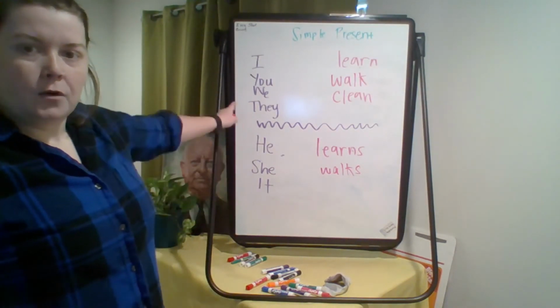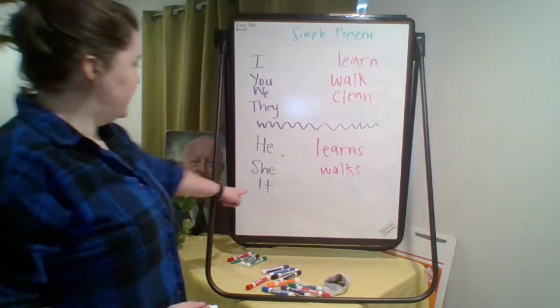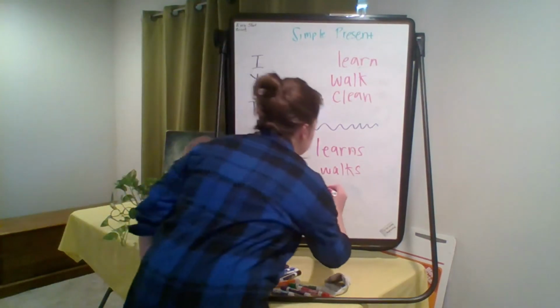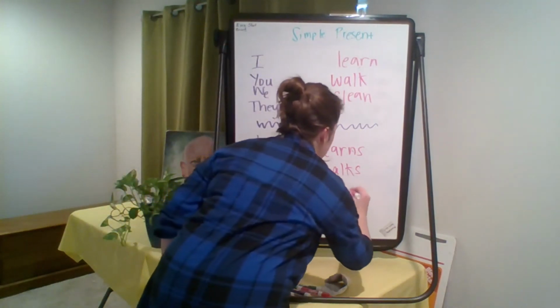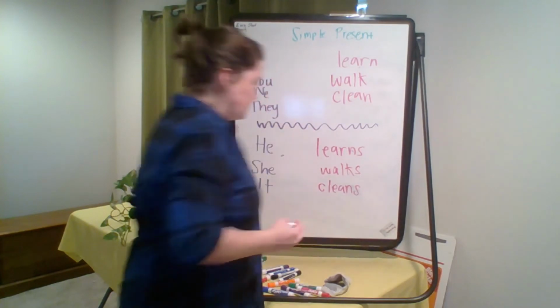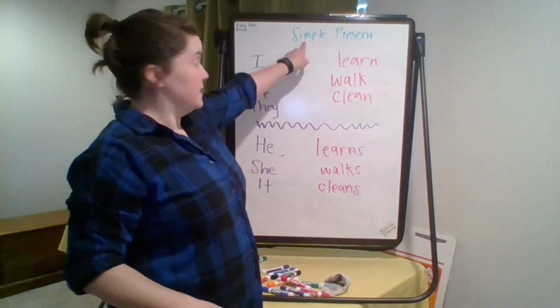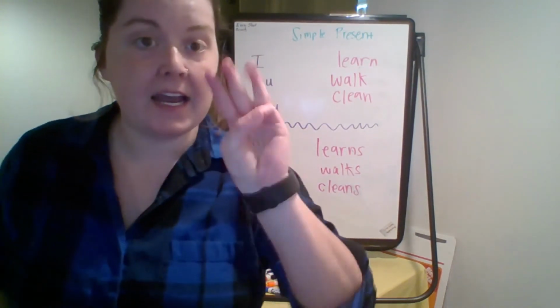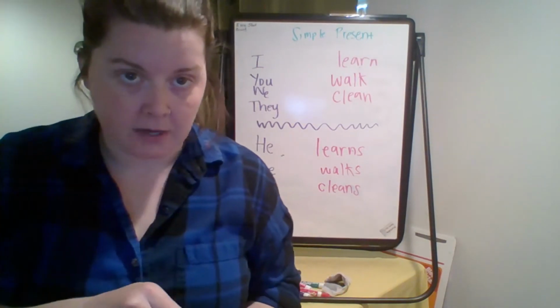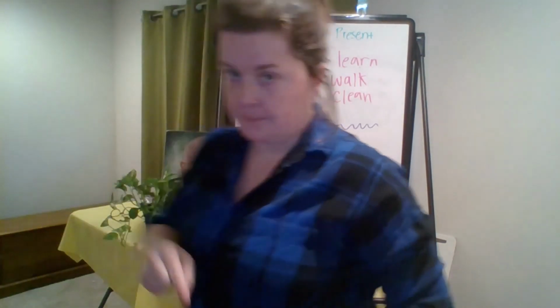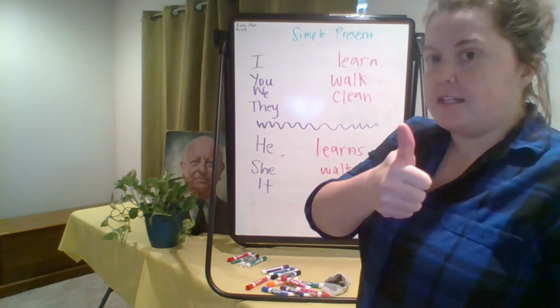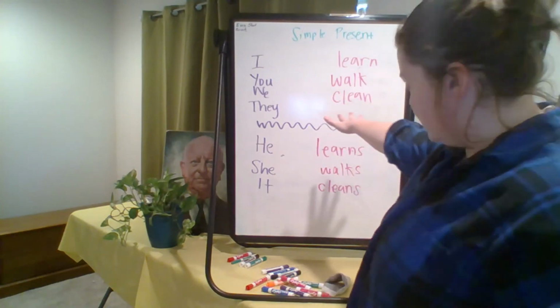Okay? We clean. It cleans. So in the simple present, he, she, and it need an S. Okay? He, she, and it need the S. Okay, so you should know this. You already know this. You've learned it, practiced it a lot.